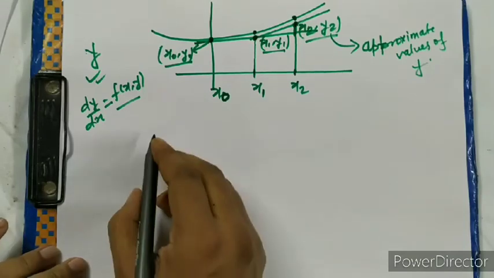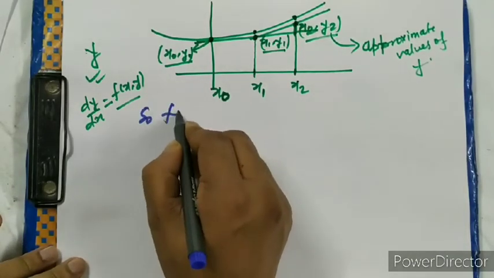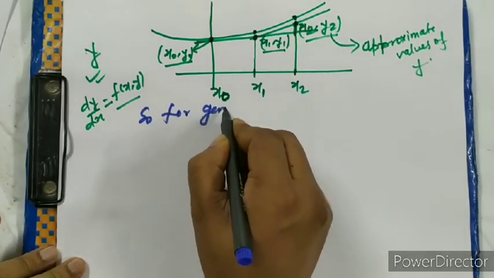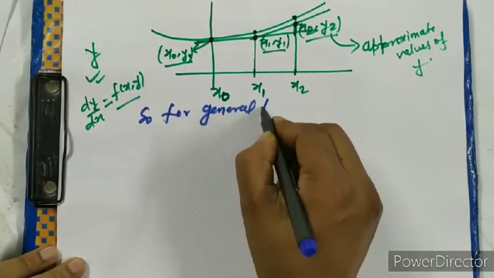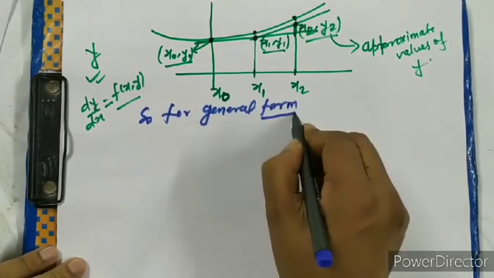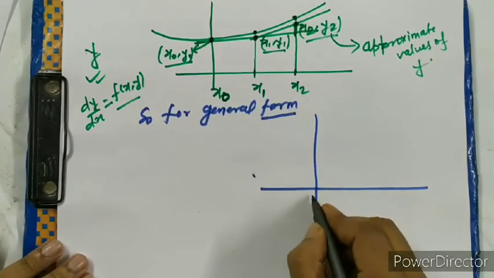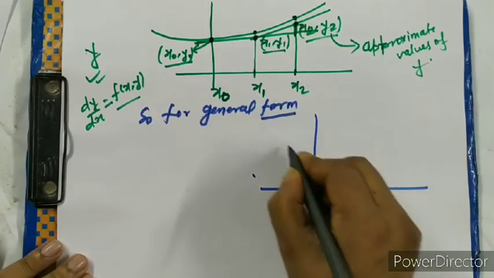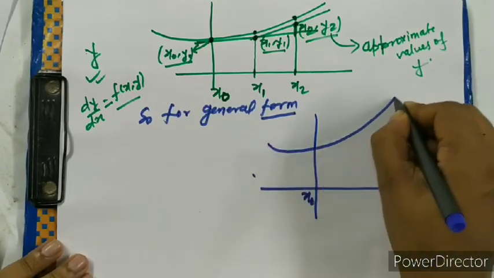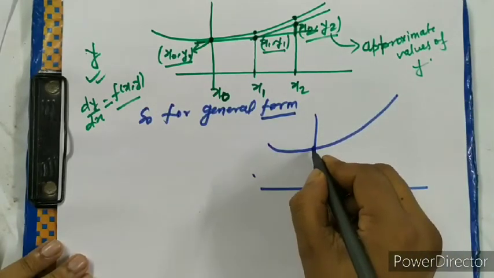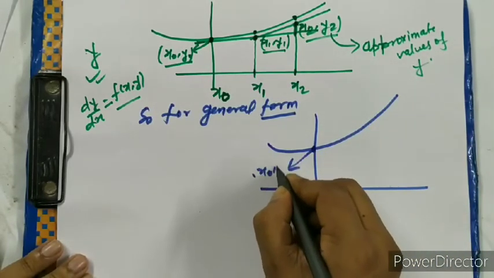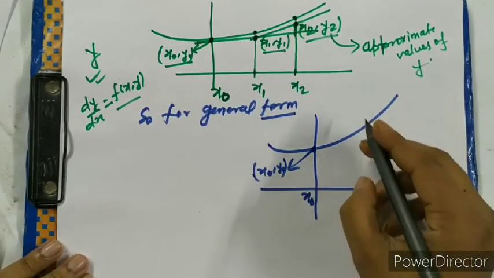So for the general formula of Euler's method, again draw a graph, and here we have given x0, suppose this type, and this is the point (x0, y0).